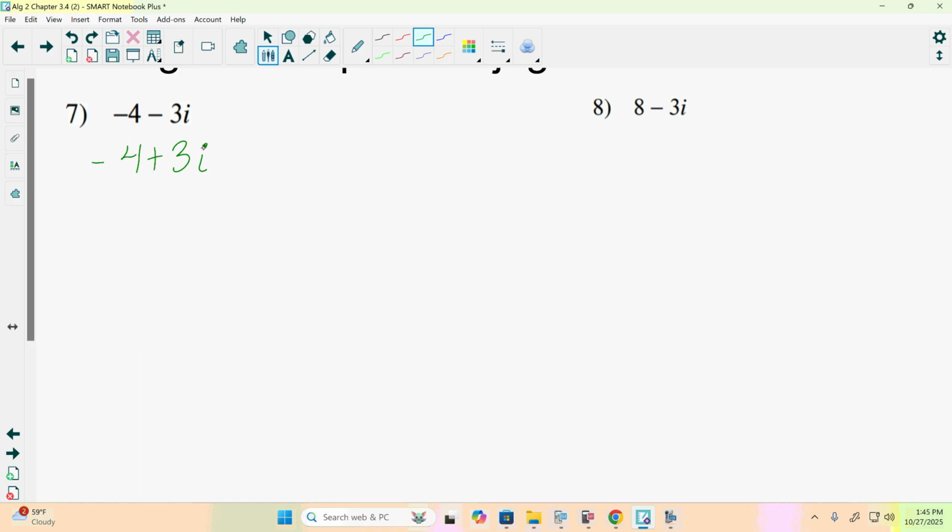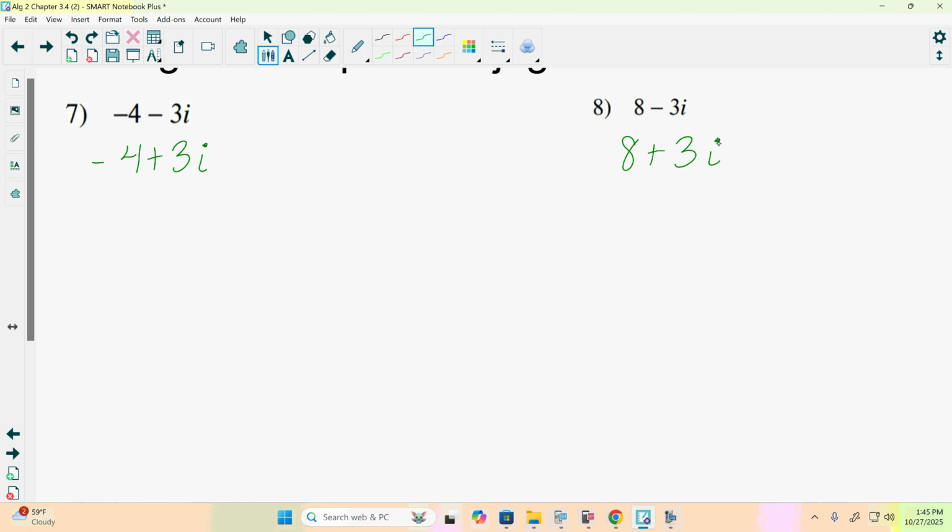And lastly, 8 plus 3i. We're not putting products. Not on these, but on the homework, the first 5 do ask for the complex conjugate and their product. But if we're doing product, all we're doing is multiplying the 2 together.